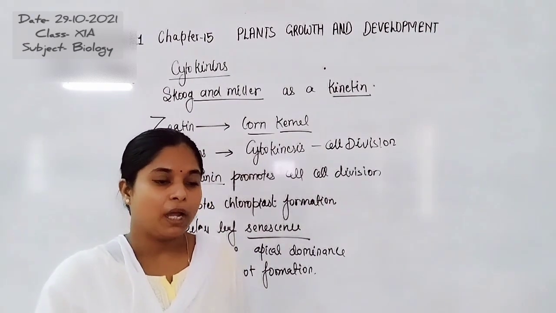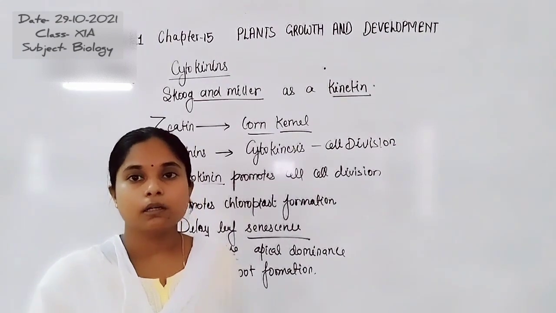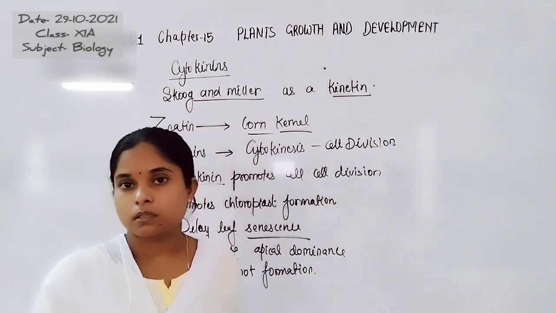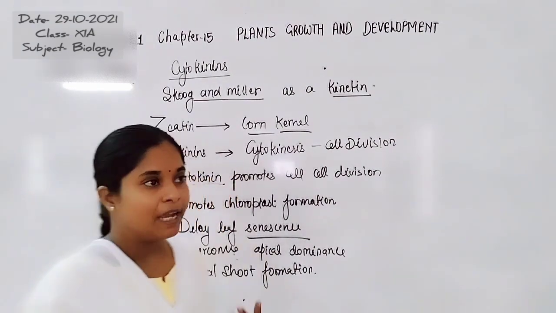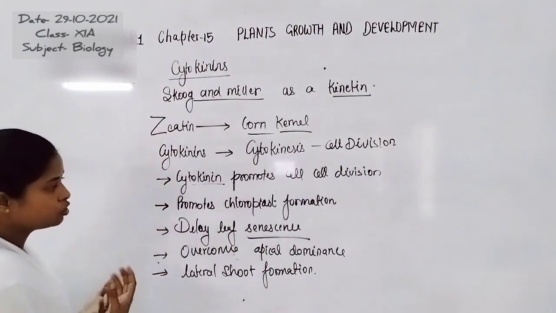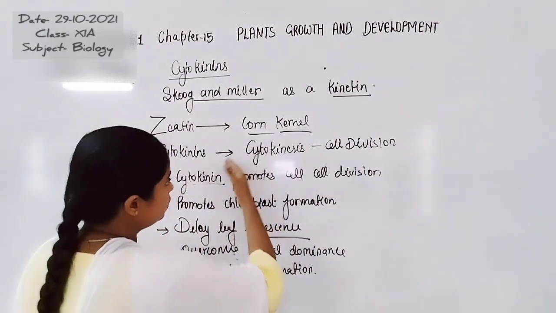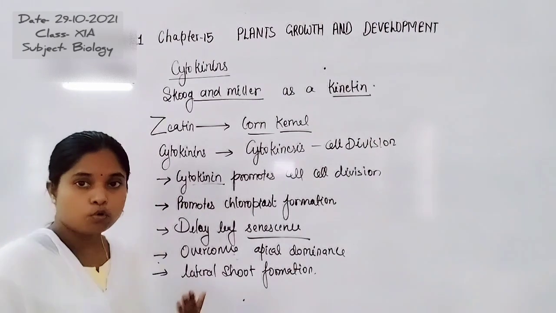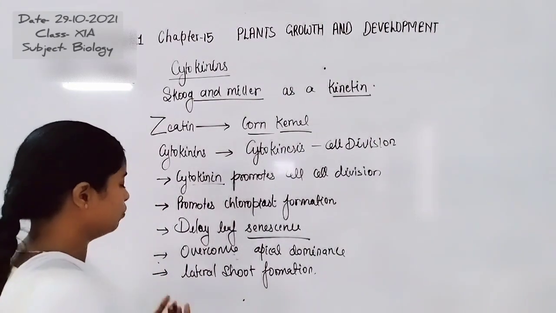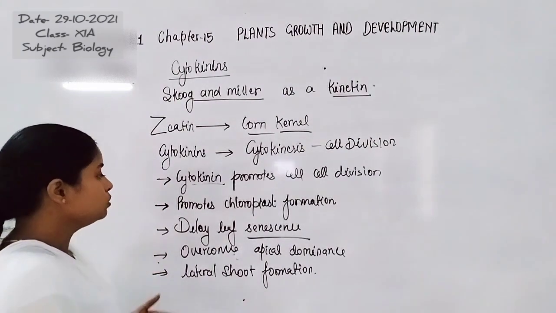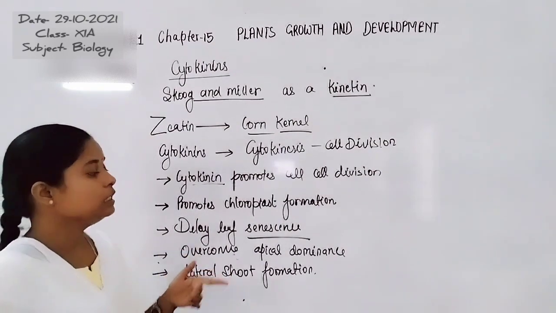That's why during unfavorable conditions the plant destroys the chloroplasts present in the leaf. So whenever it gets water, the formation of chloroplast is carried out by cytokinin, because it signals the formation of chloroplast.